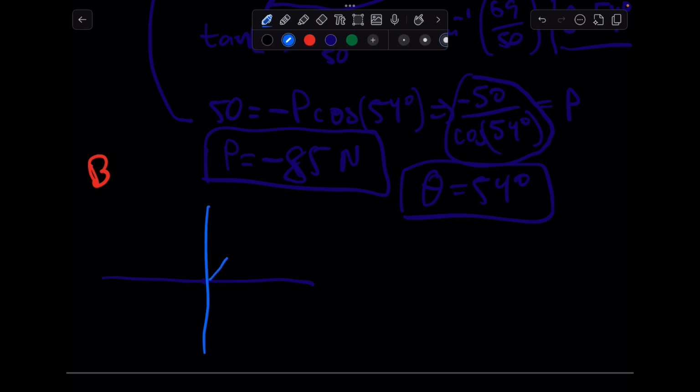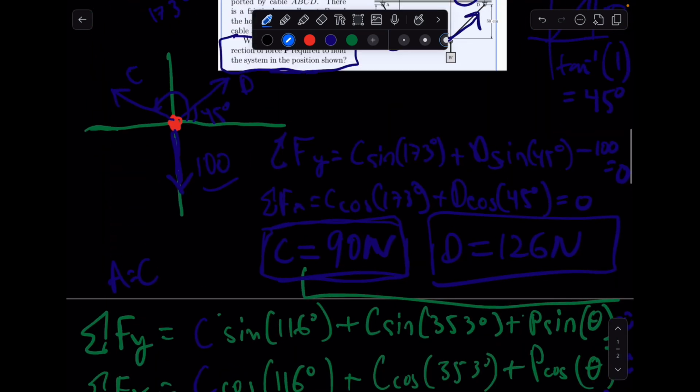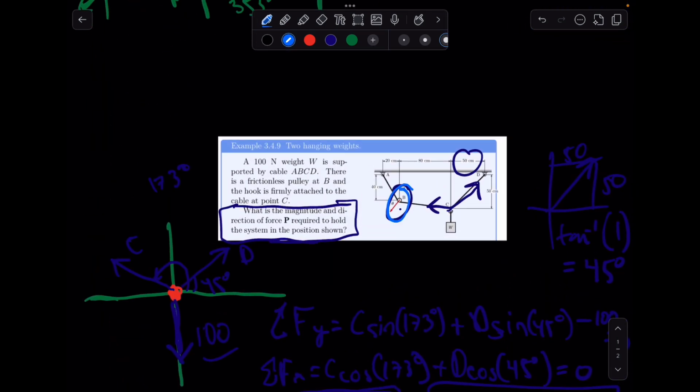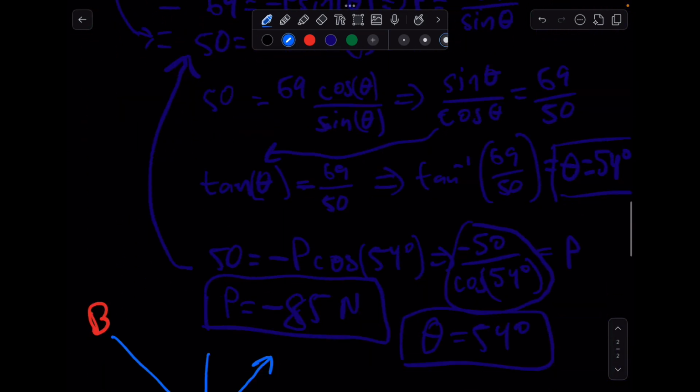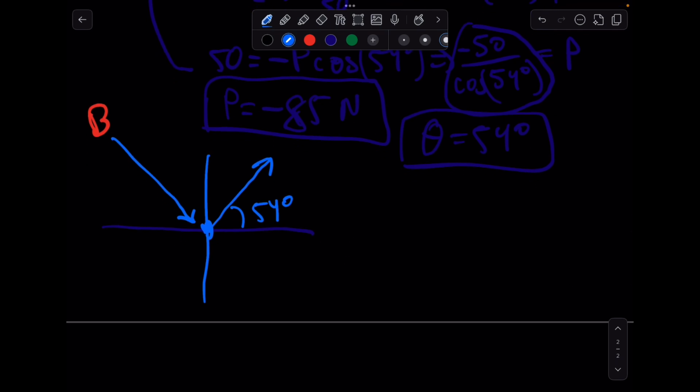But this is not right because this vector here on point B, imagine this was particle B, this would represent 54 degrees with a P equal to positive 85.